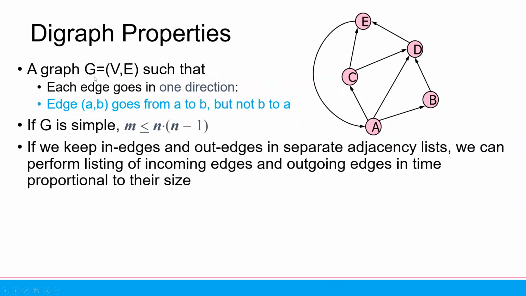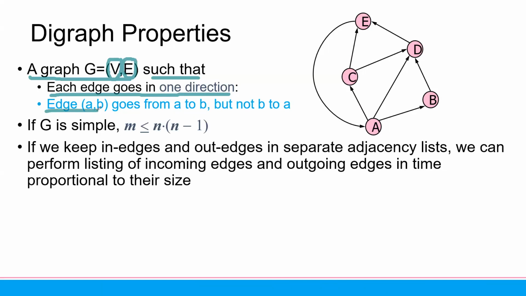So when we deal with the digraph, there is also a property. A graph G, we have V, which is a set of vertices, and then we have E, which is a set of edges, such that each edge goes in one direction.